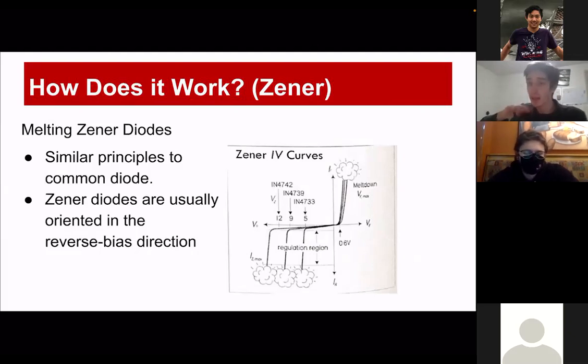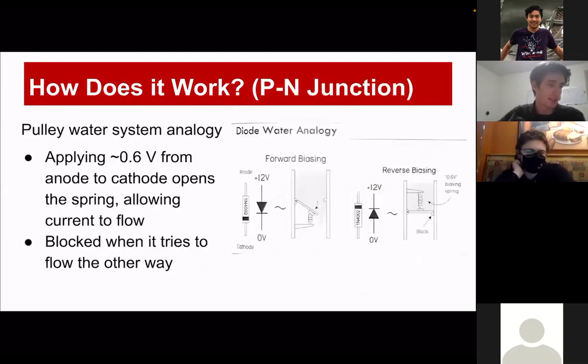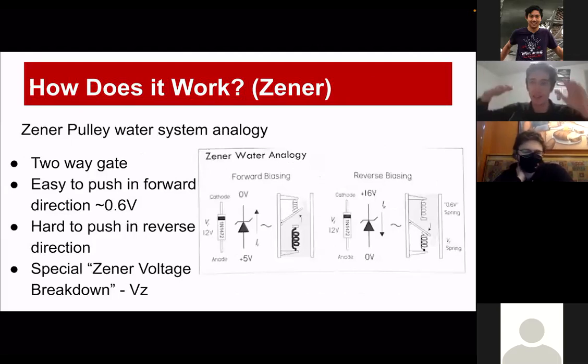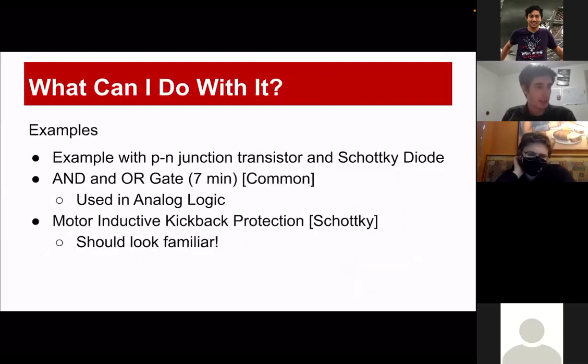So we can orient them like we do PN junctions, where we have high going to low. But really, the interesting part of Zener diodes is the harder to push down spring. So normally it's oriented reverse bias. And we'll see some examples of that later on.